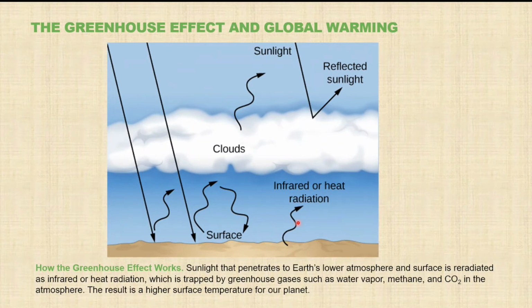When the dashboard is heated, hotter objects emit infrared radiation, heat, and now that heat cannot escape the glass. That heat is trapped. So the interior of the car is always hot compared to the outside temperature.